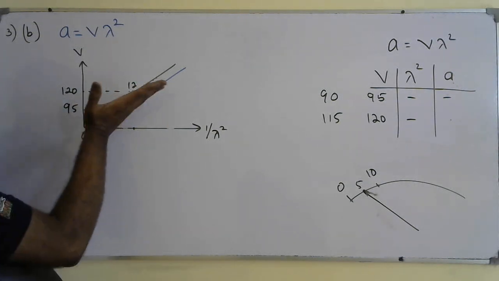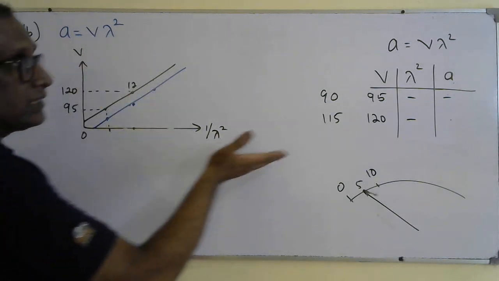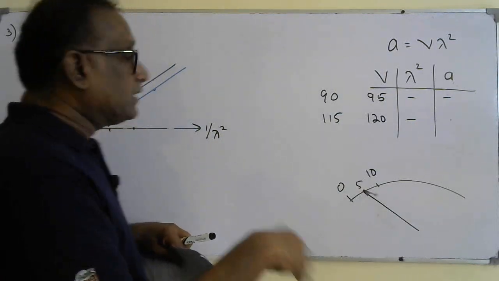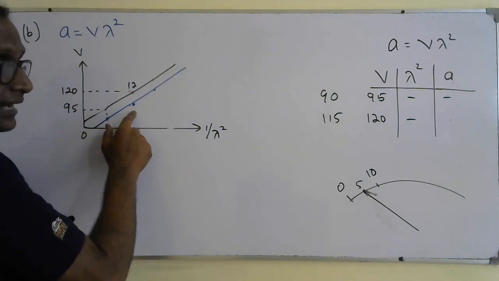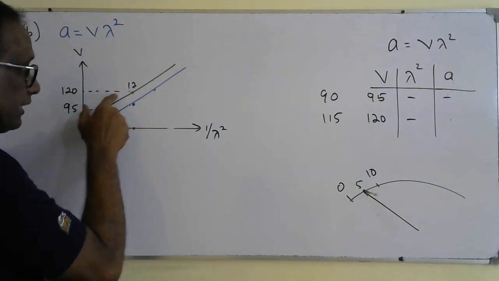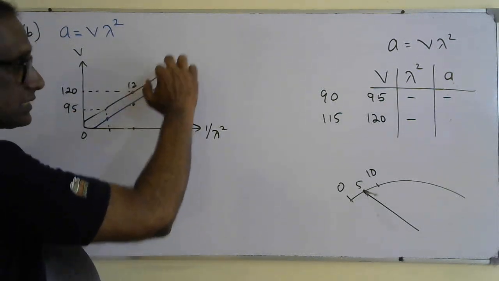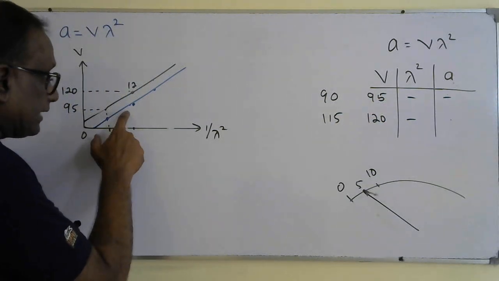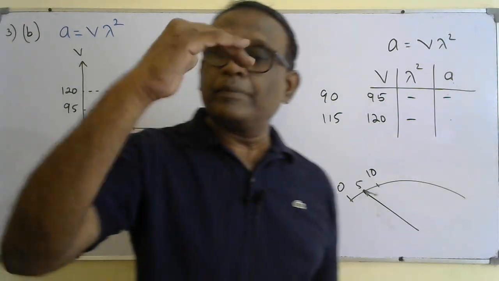So the actual graph and the graph you plotted including the zero error are parallel, and when you are finding the gradient, you will get exactly the same gradient, because they are parallel lines.